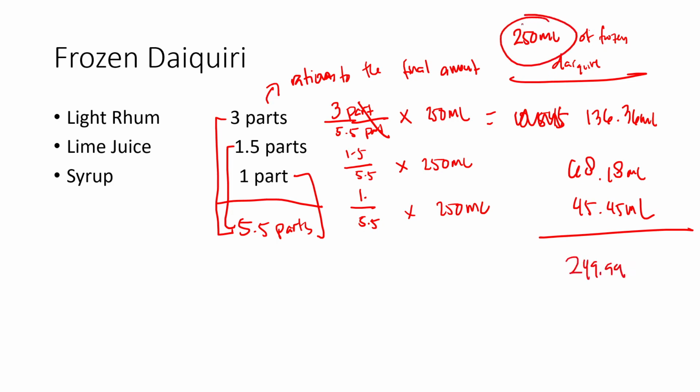So 250 ml. So in recipes that require parts, our procedure is to add all the parts, divide the ingredient parts by the total parts, then multiply with the final desired amount, and you will get the desired amount for each ingredient.